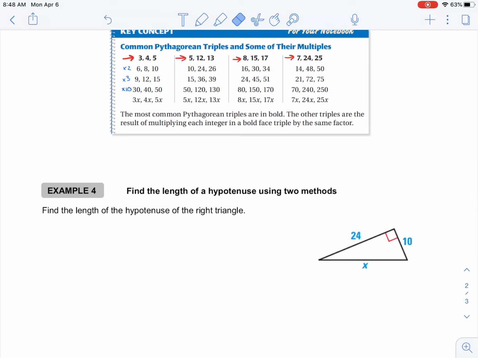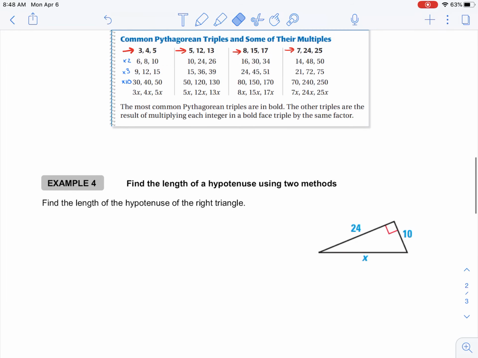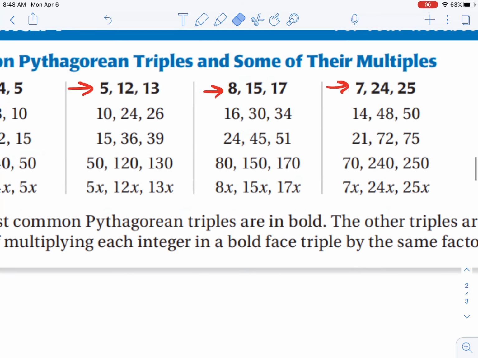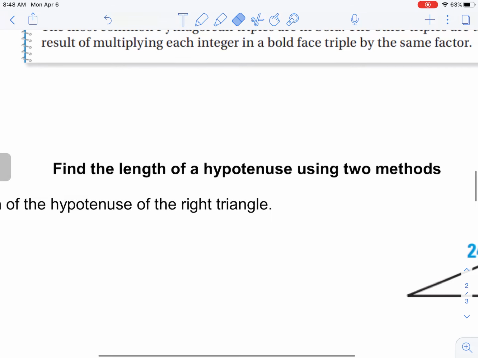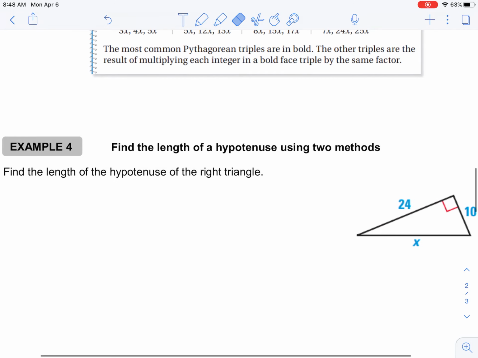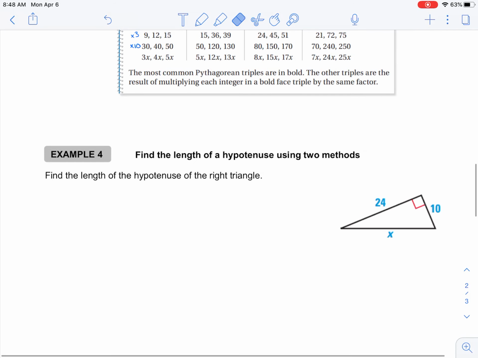So, example 4, we're going to use our shortcut of the Pythagorean triple. We want to find the hypotenuse of the right triangle, and we have these leg lengths 24 and 10. Okay, so I don't see 24 and 10 in my bolded area anywhere, but it turns out we're going to use the Pythagorean triple.